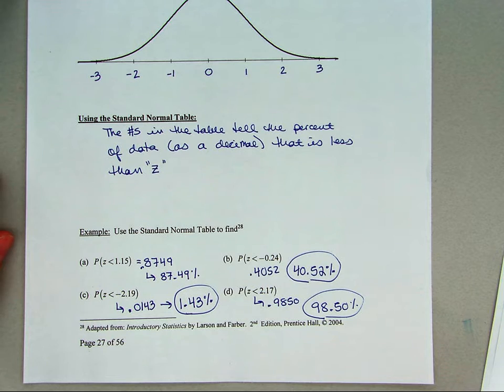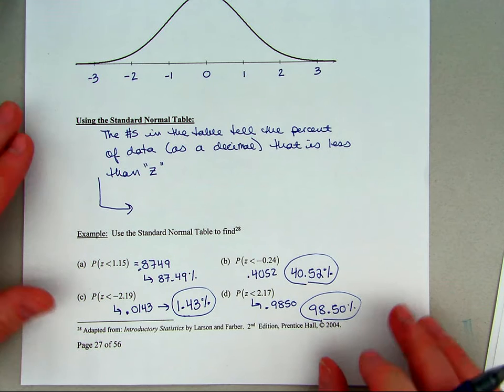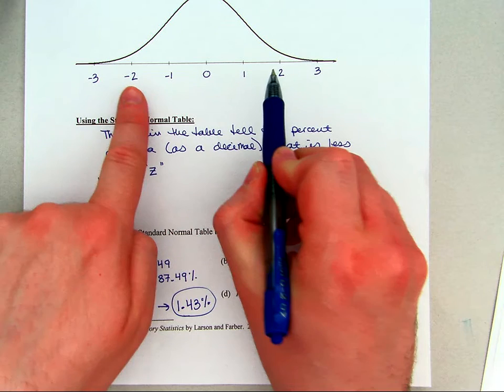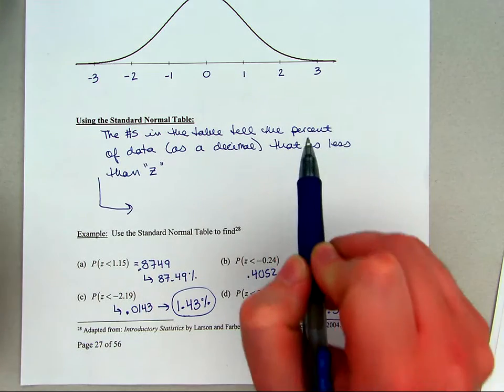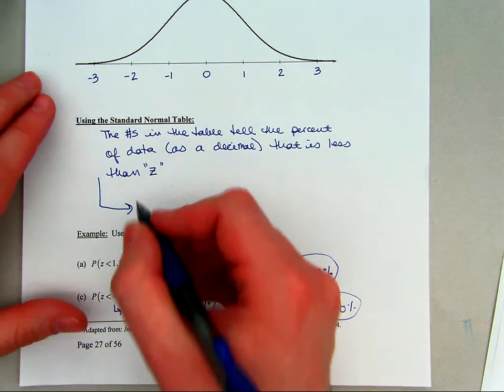Before we go on, there is one other thing that I do want to make note of under the section that says using the standard normal table. The total area between the curve and the x-axis, if we go out forever to the left and the right, and we were able to actually find that area, the total area will be 1, which should make a little bit of sense. 1 as a percent is 100. 100% of your data is contained below the standard normal distribution.